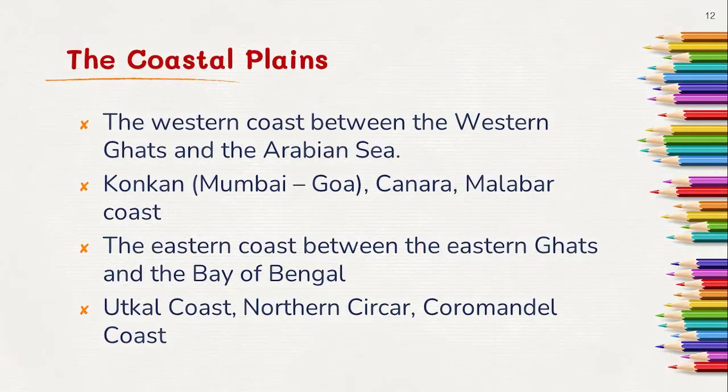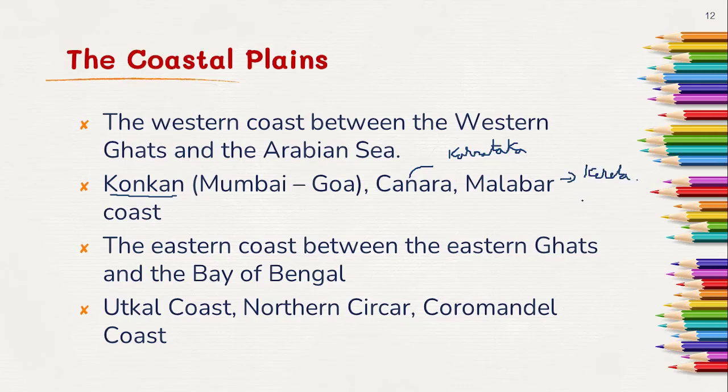Next one, the coastal plains. We have two types of coastal plains. The western coast consists of 3 coasts. They are Konkan coast, which is located between Mumbai and Goa, then Canara, which is in Karnataka, and the Malabar coast, which is located in Kerala.